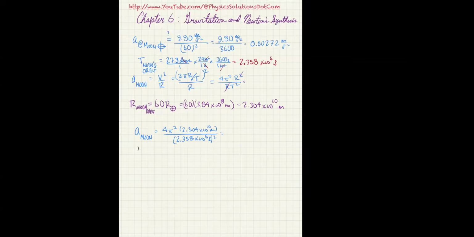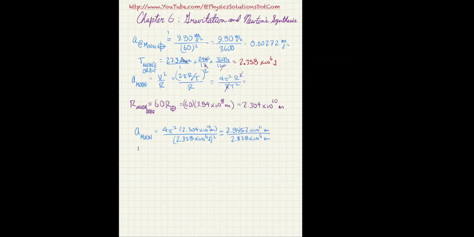And that gives me the numerator equal to 2.8952 times 10 to the 11th meters divided by 2.358 times 10 to the 6. And we definitely got something funny going on here.